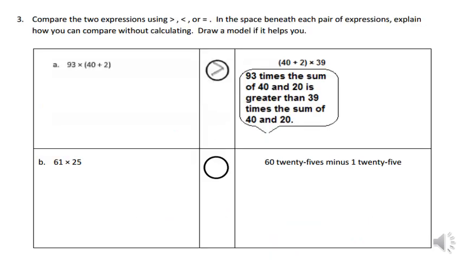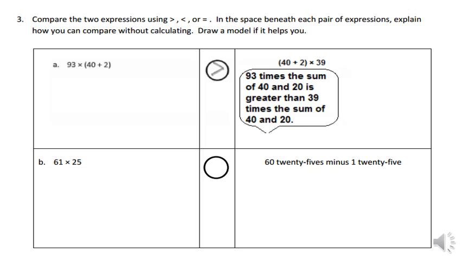On question 3, we have to do number or letter B. And when we're comparing them, we're not working them all the way out. We're making them look exactly the same. So I'm going to take a look at the words and change it over to an algebraic expression. This is 60 25s minus 1 25.